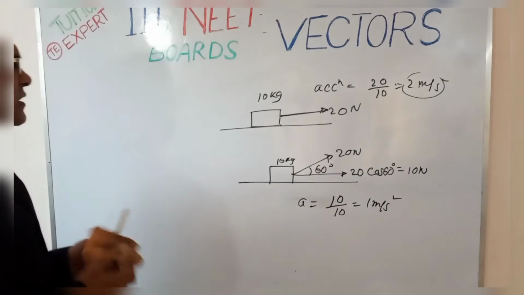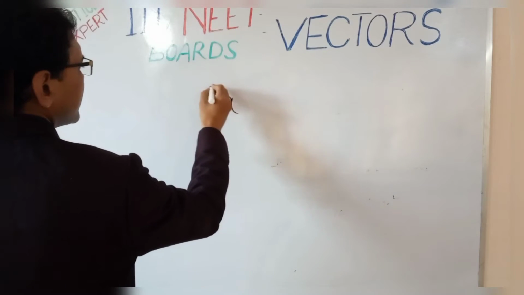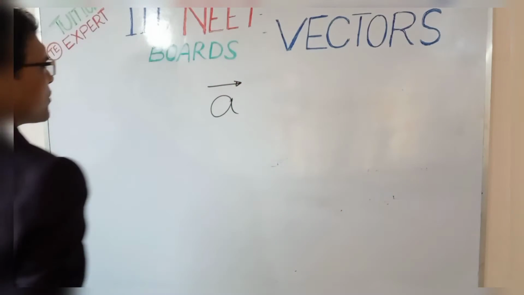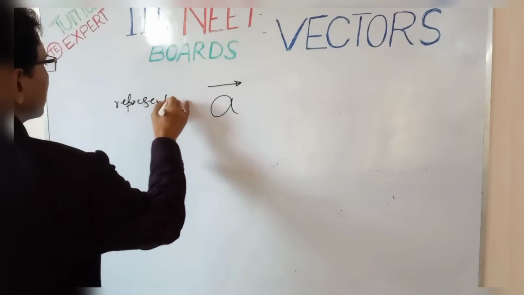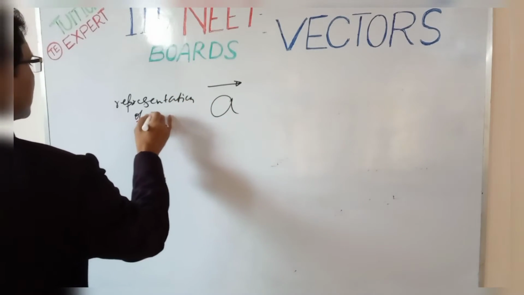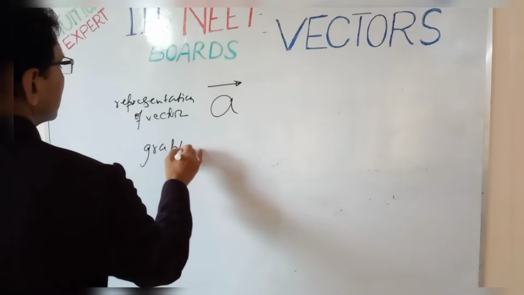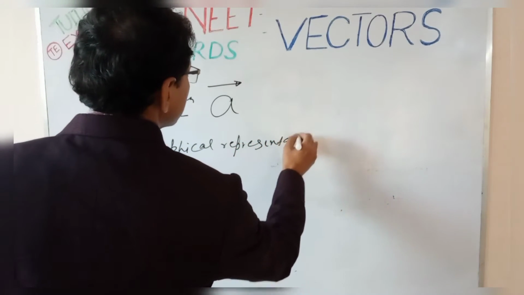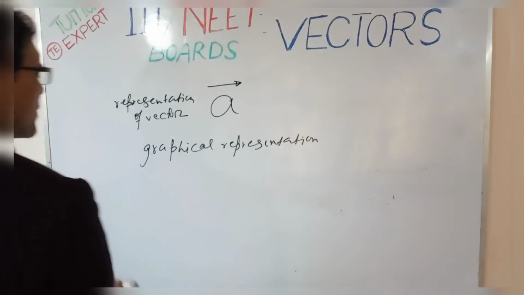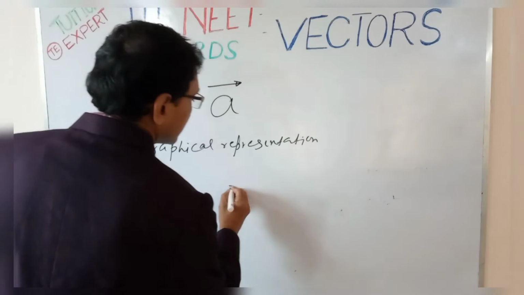A vector is represented by a letter with an arrow over the top of the letter. This is the representation of a vector. Now the graphical representation: a vector is a line segment.